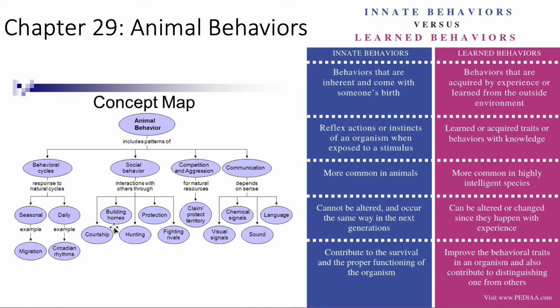You have social behaviors. You have courtship to find a mate, building homes, things like that to build society, protection, fighting rivals, hunting. Those are all considered types of social behaviors. Hunting, a lot of times, is a social type of behavior as they work, just kind of like war.